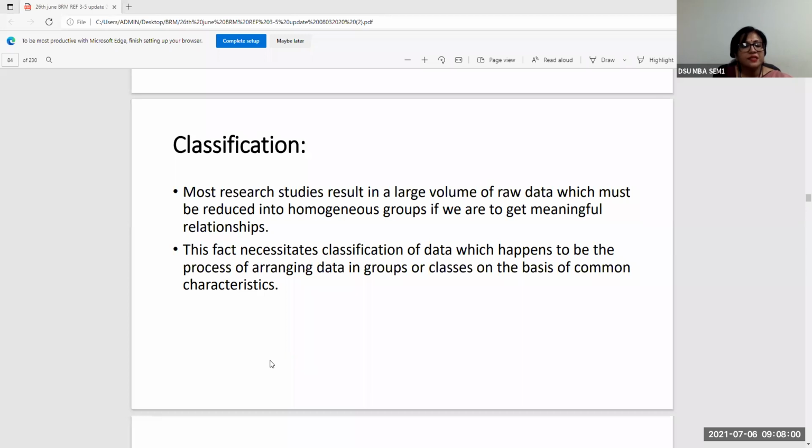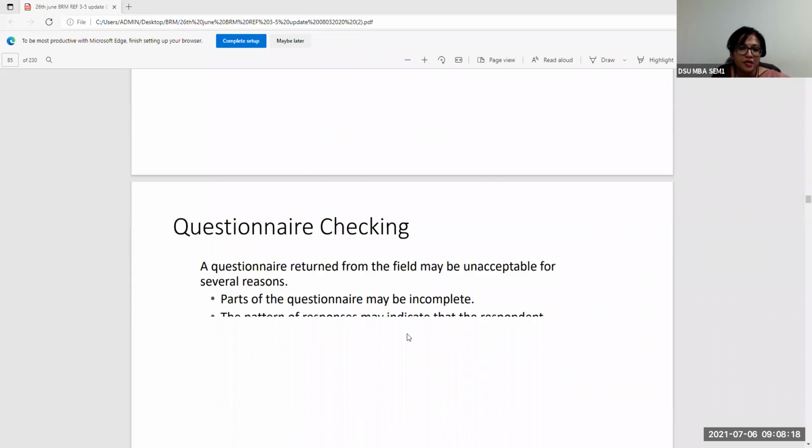Classification of data is the process of arranging data in groups or classes based on some common characteristic, right? It could be based on some agreement process, or on some groups of definitions of characteristics. So we will look at how we can deal with the classification of the data in similar formats.